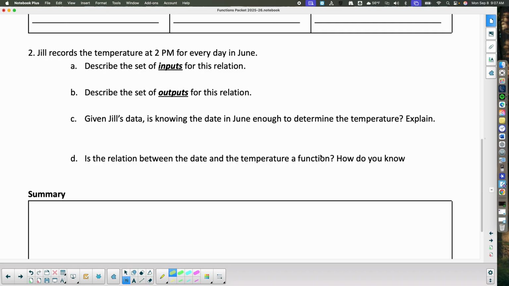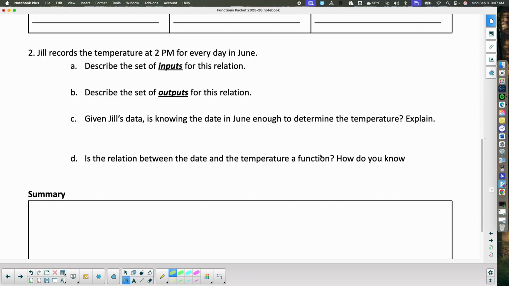Bailey, do you want me to read off the situation to this first before you answer anything? Sure. Okay. So this person goes outside their house every single day at 2 p.m. and records the temperature. So you could say June 1st, temperature, June 2nd, temperature, June 3rd, temperature. It says describe the inputs. What would be the inputs for this one?